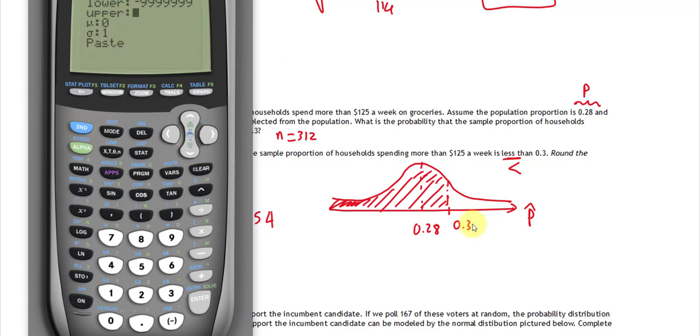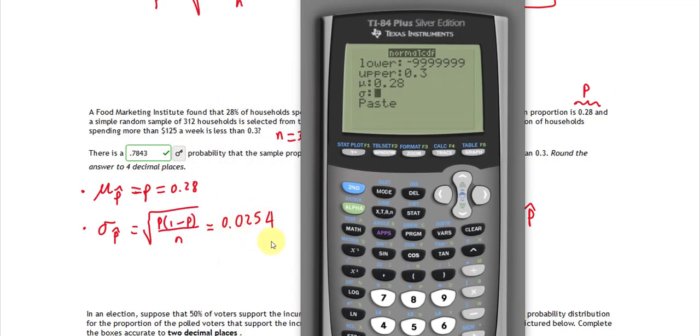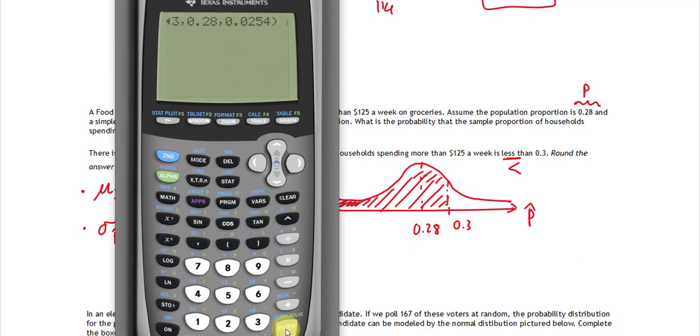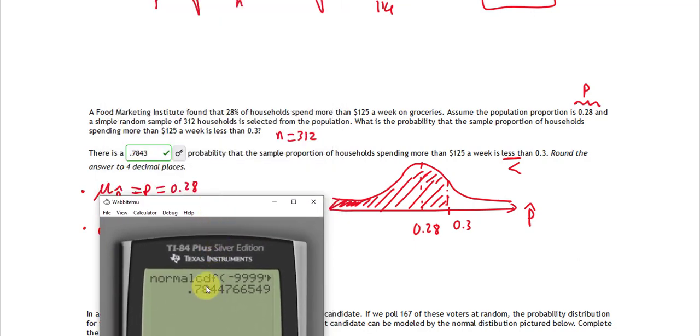And then the upper, we go up to 0.3. And then the mean is at the center, 0.28. The standard deviation is the one we got here. This is not a standard normal curve, so we do not have the mean at 0 and the standard deviation at 1. This is just a regular normal curve, and therefore if you paste that, you should get 0.78445, and you just round to 4 decimal places.